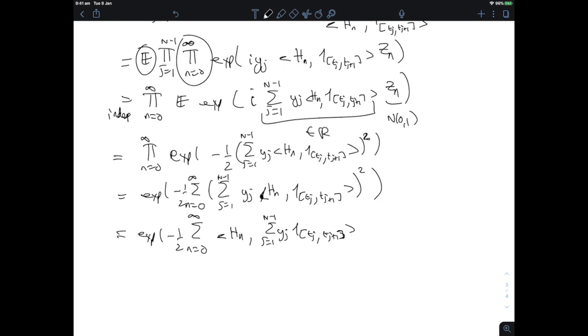And then these coefficients in a Hilbert basis are squared. So I have a sum of coefficients squared in an orthonormal basis. And so what do I get? Because the hn form an orthonormal basis, the sum of squares of coefficients is exactly the inner product of this simple function with itself.